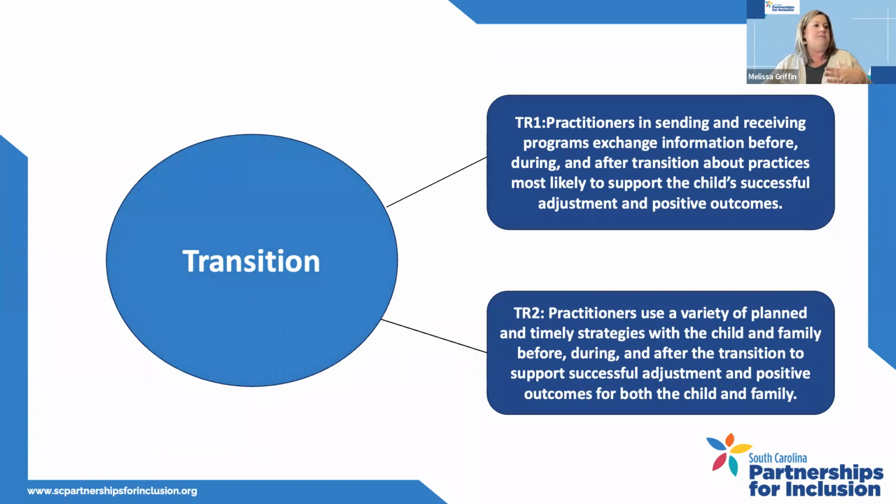Even prior to them meeting with the school, the EI was sharing information about Olivia and her strengths and her challenges with the preschool transition coordinator. As the IEP process is playing out, eligibility is playing out. And then after, you see the teacher reaching out to the parent to let her know how it's going.